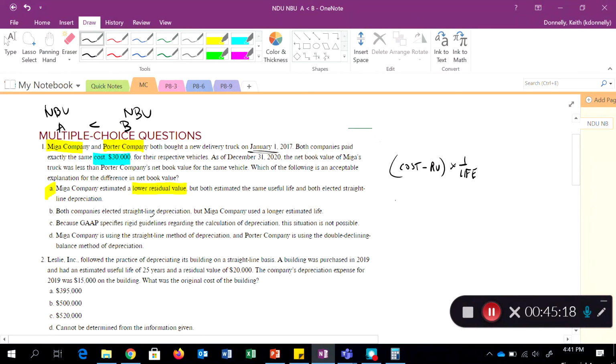The idea here is if you have cost minus residual value, if you have a lower residual value, each year you're going to have greater depreciation expense. If you have greater depreciation expense, that's going to cause greater accumulated depreciation, which is going to cause a lower net book value.